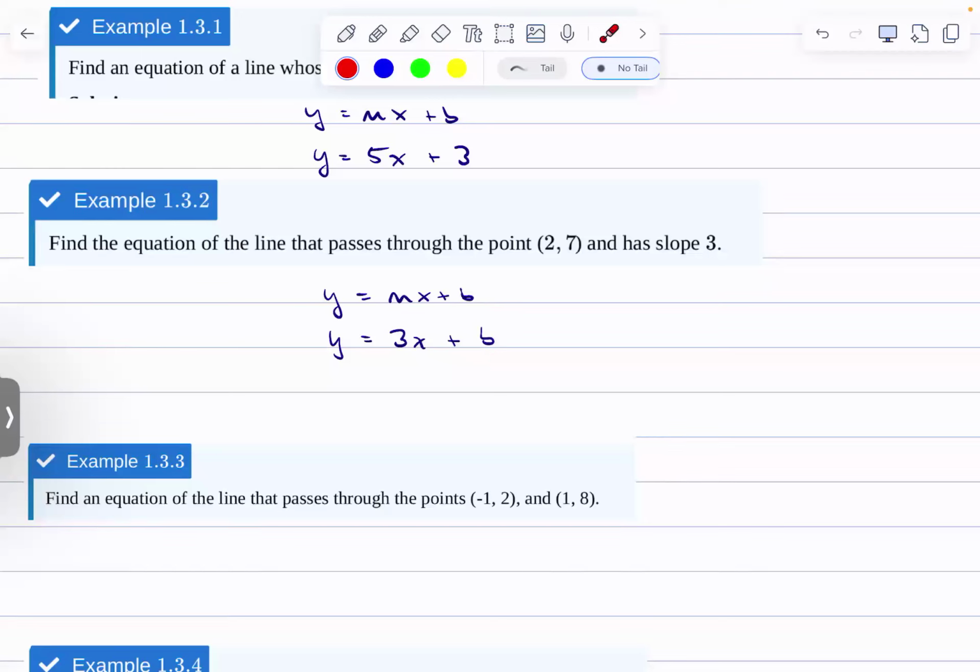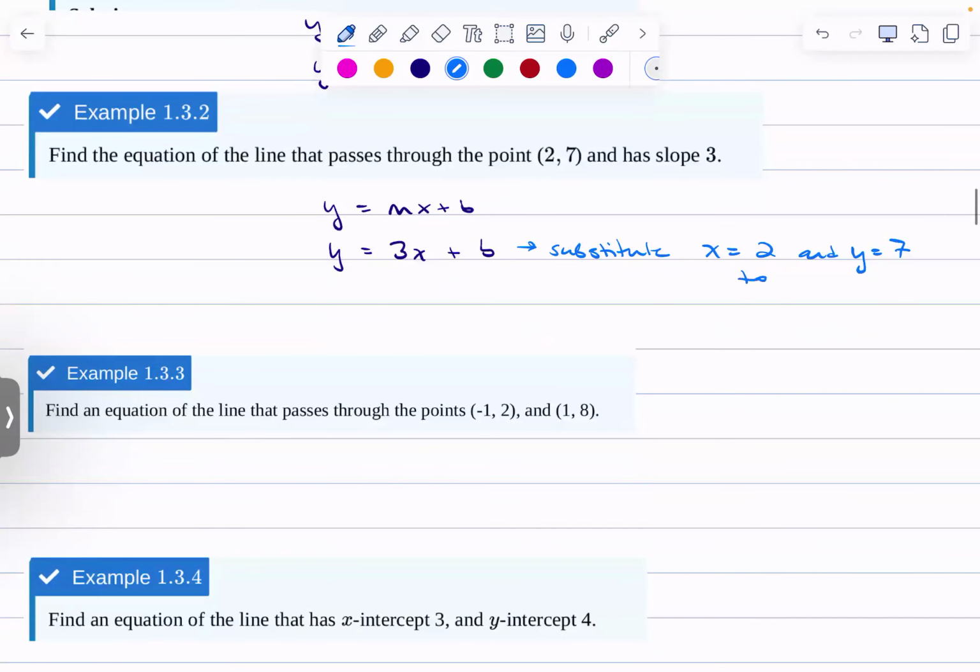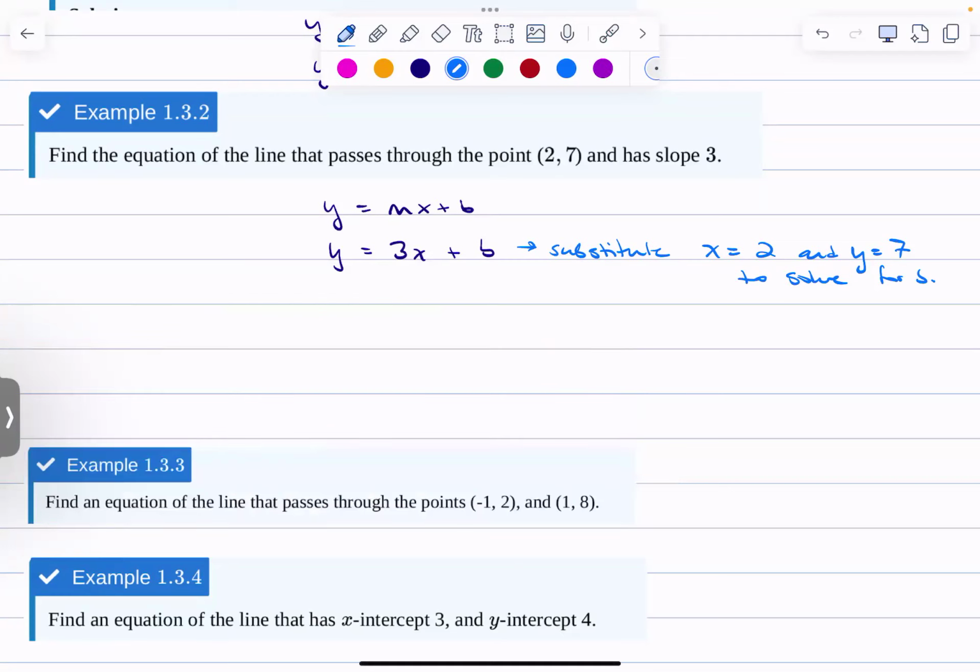Here I'll make a little side note that we can substitute x equals 2 and y equals 7 to solve for b. They're just temporary, and I'll bump this down. Because really what we want is to solve for b.